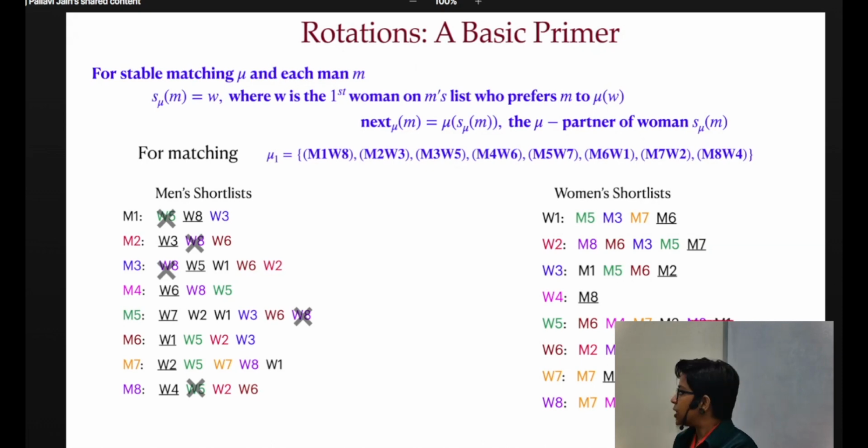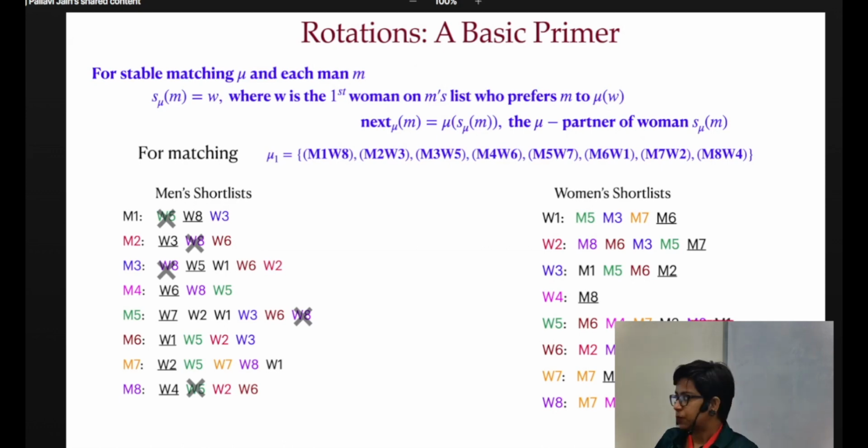Is it clear? So next of M with respect to the matching mu is the mu partner of the woman who is the successor of this man M.